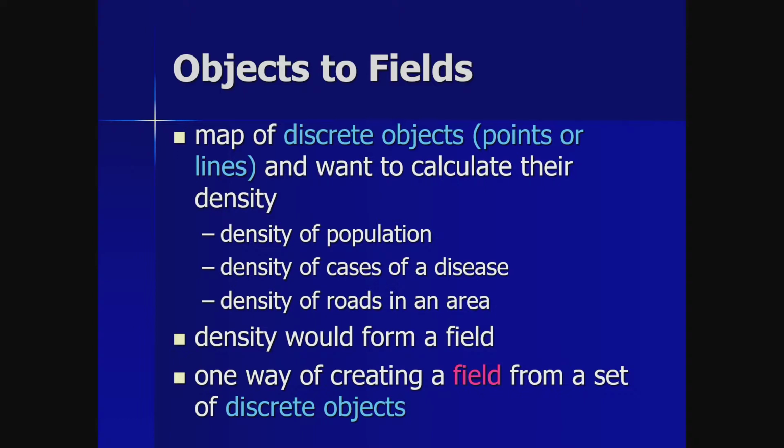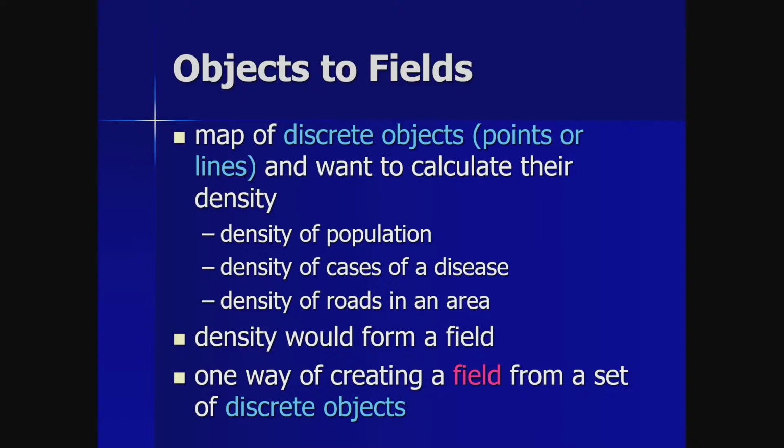So we might be looking at the density of cases of a disease. In other words, every observation in that example would be if we had a bunch of people living in a city and we geocoded, or found a way to reference the location of, the people that had cholera. We're not going to cover geocoding in this class, but then we could use that as input to what we're talking about here.